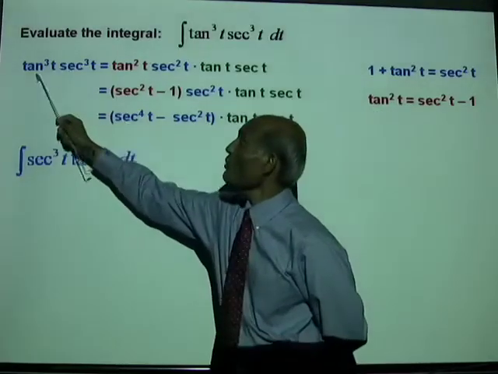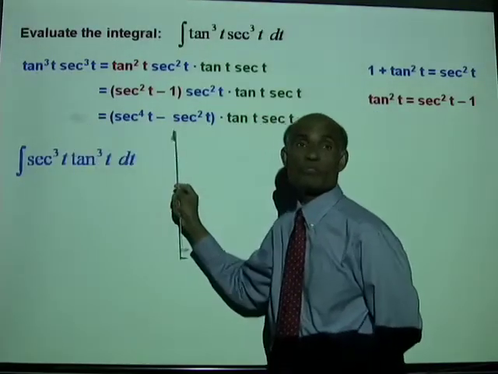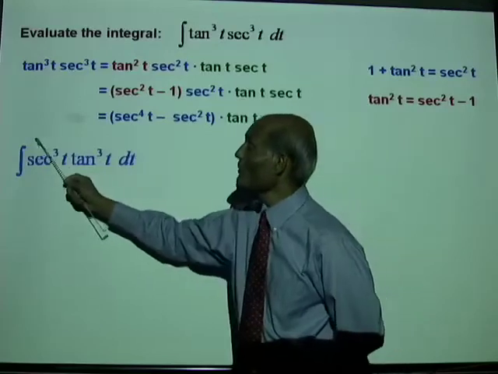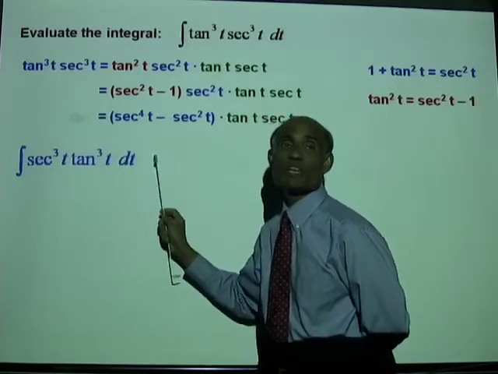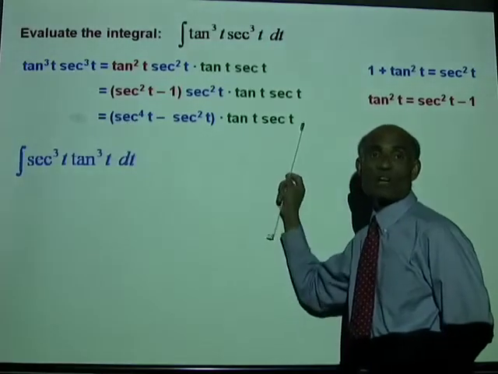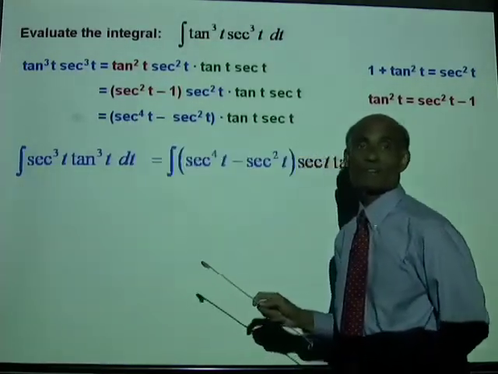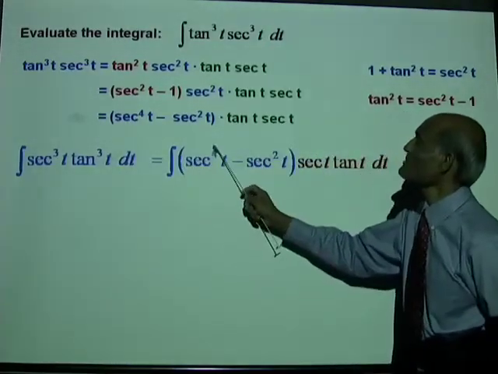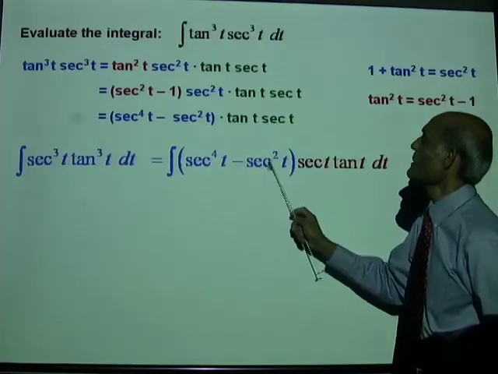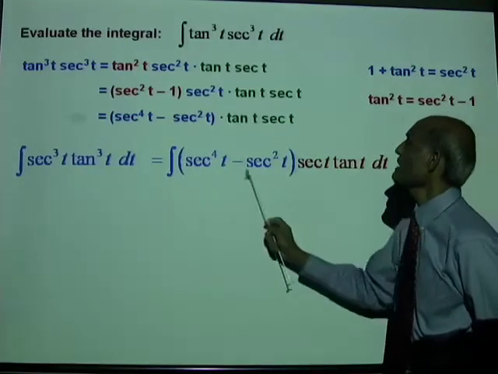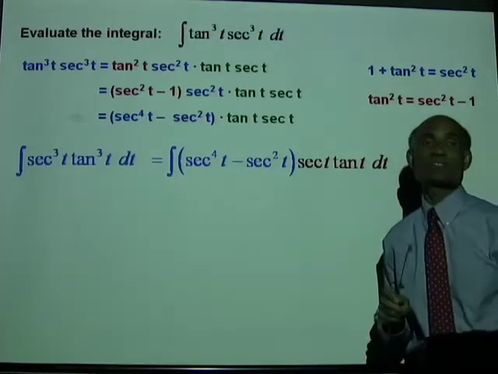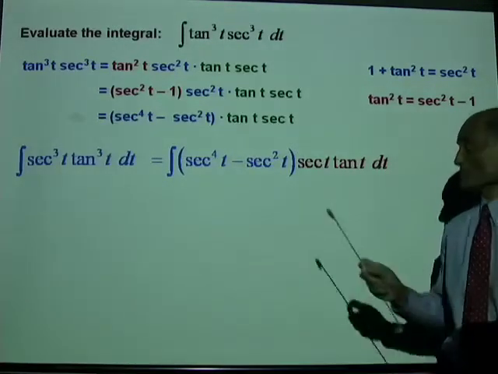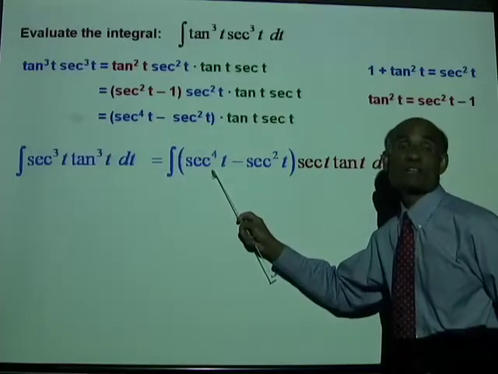And it is this quantity that we simplified like this. Therefore, the integral of secant cubed t tan cubed t is the same as the integral of secant to the power of 4t minus secant squared t, quantity times secant t tan t dt. We are now ready to do our substitution.